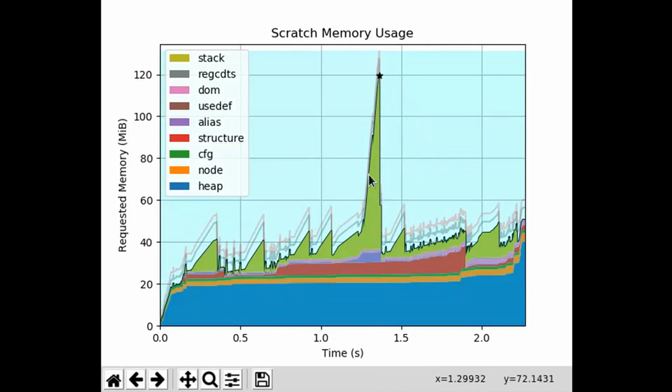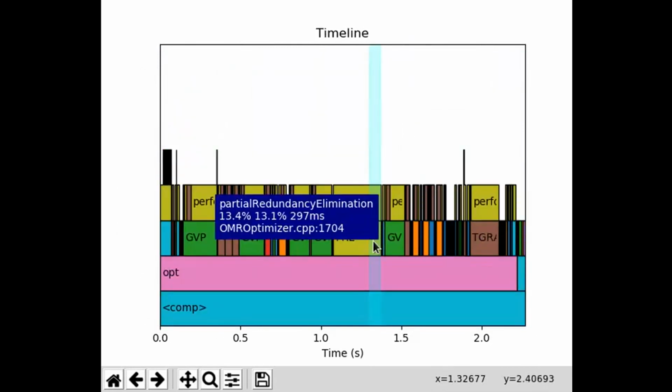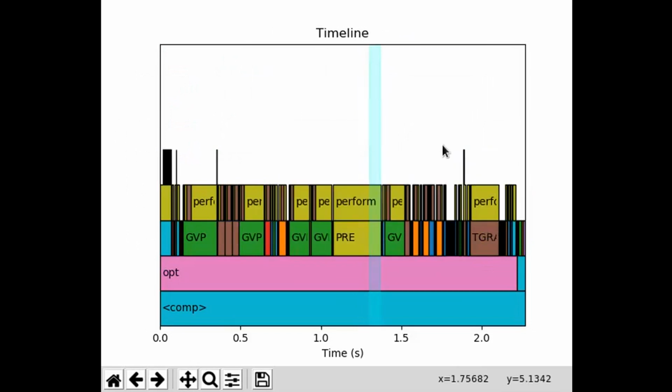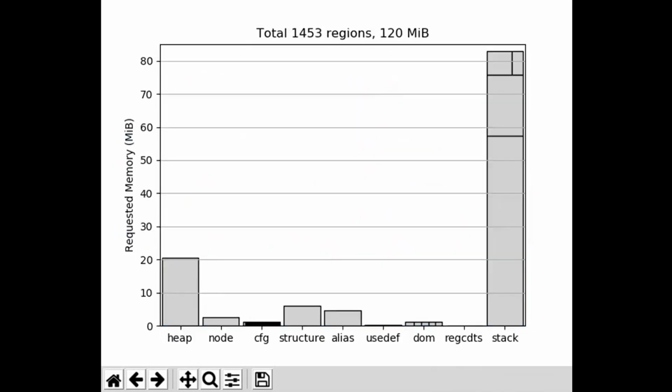Now, part of it, it's not too hard to tell. From looking here, we see that we're at the end of PRE. But having identified this peak, we can go inside to look at it.